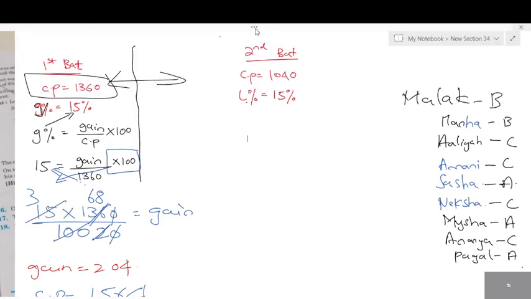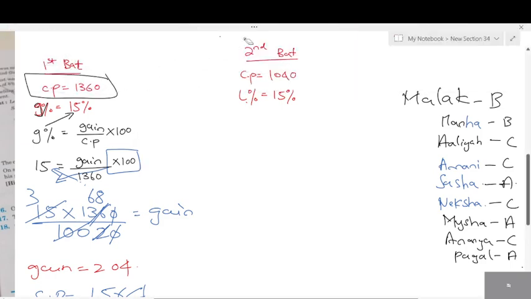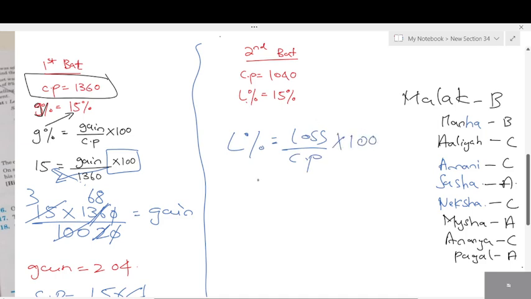Can you unmute and answer? Very good. Exactly. Take loss percent formula, right? Loss percent. Loss divided by cost price into 100. What is loss value? 15. Loss is not given. We need to find. What is cost price?